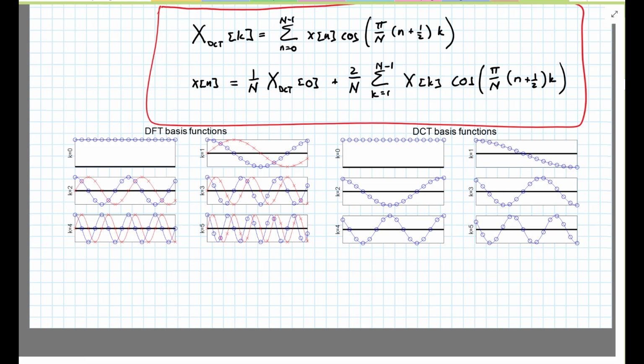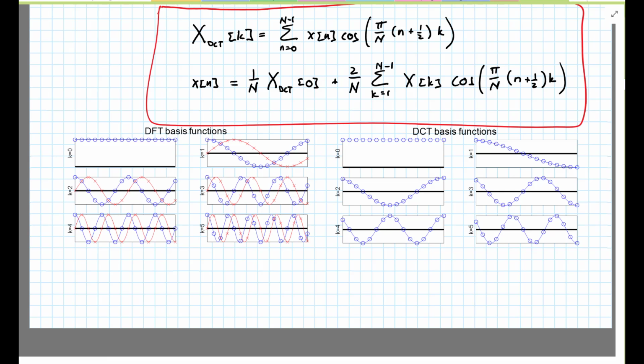Then on the right you see the DCT basis functions. You have a DC part for k equals 0, and then k equals 1, you can see we have half a period of a cosine. And then at k equals 2, we have the full period. So k equals 1 for the DFT and k equals 2 for the DCT have the same real part, but the DCT lacks the imaginary part.